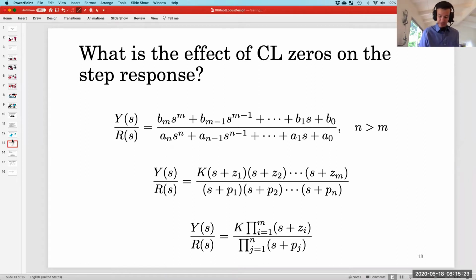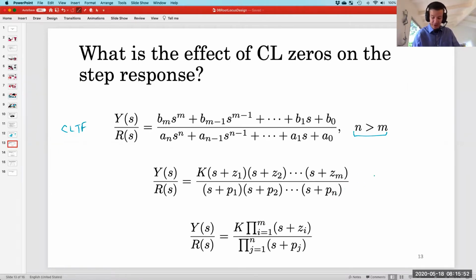If we can write the closed loop transfer function as the ratio of 2 polynomials, and just for convenience sake, I am going to restrict us to strictly proper closed loop transfer functions. Then I can factor both of those polynomials. I can factor the top into the roots of the numerator polynomial, which I'm going to call the z's, and I can factor the bottom into the roots of the denominator polynomial, which I call the p's.